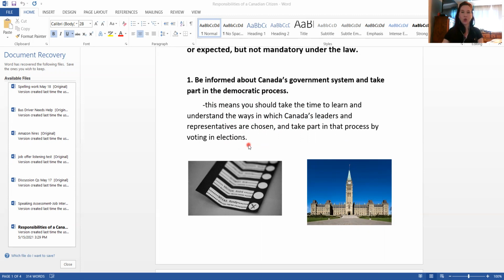In Canada, we have 3 levels of government and therefore 3 different elections that you are able to vote in. Municipal for city elections, provincial for provincial elections, and federal for Canadian elections, or the top level when we are choosing our prime minister.